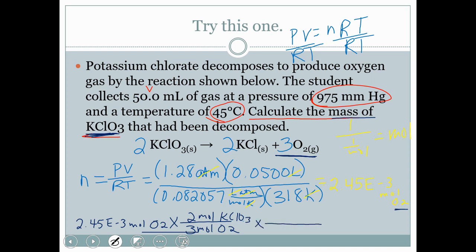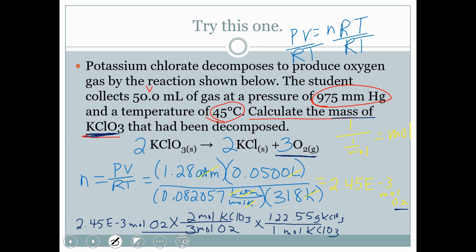And then you can use the molar mass of the KClO3, and it's 122.55. So there's 122.55 grams of KClO3 in every 1 mole of KClO3.